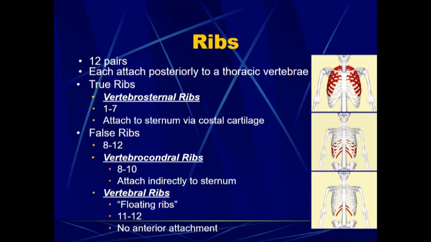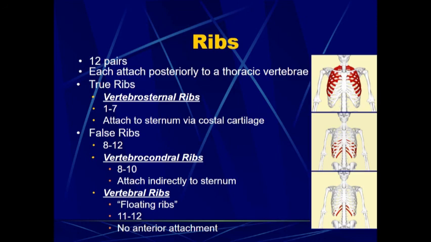The false ribs are ribs 8 through 12. And those ribs can be further subdivided into the vertebrochondral ribs. Those would be ribs 8, 9, and 10. They have vertebral attachments posteriorly, and then in the front, anteriorly, they attach indirectly to the sternum.